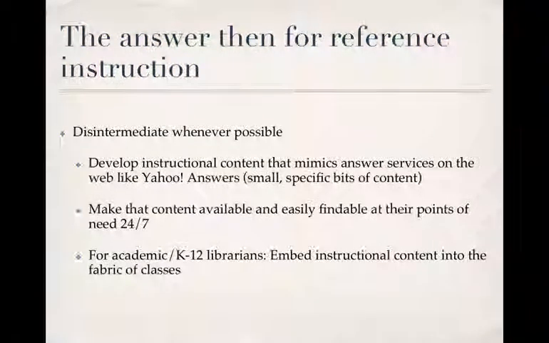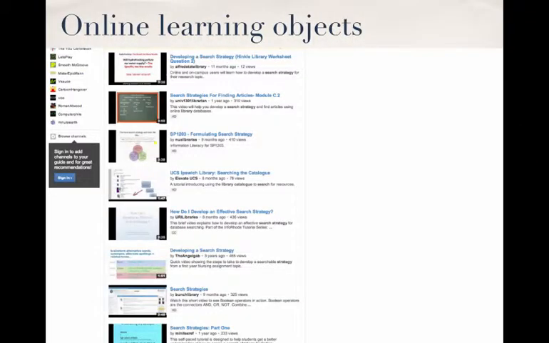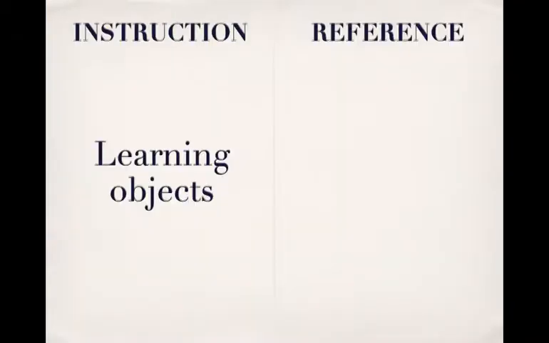So libraries, for more than a decade, have been spending lots of time and resources on creating online learning objects. I mean, you search YouTube on pretty much any information literacy focused topic and you will find dozens of videos on how to do that part of the research process.